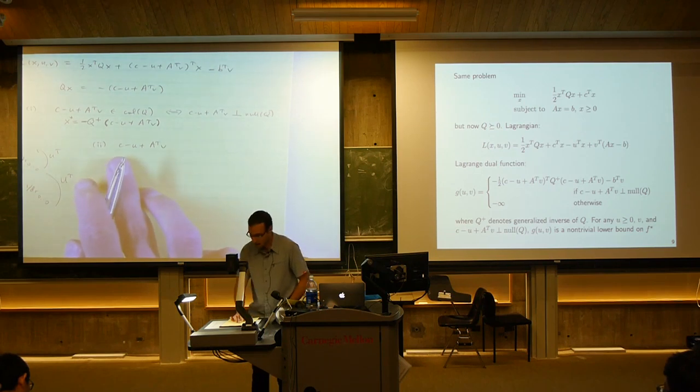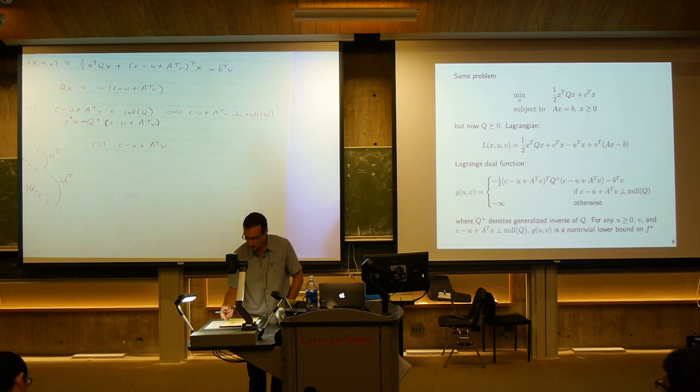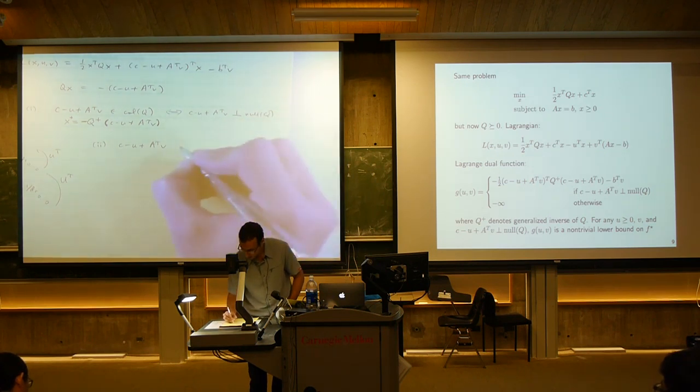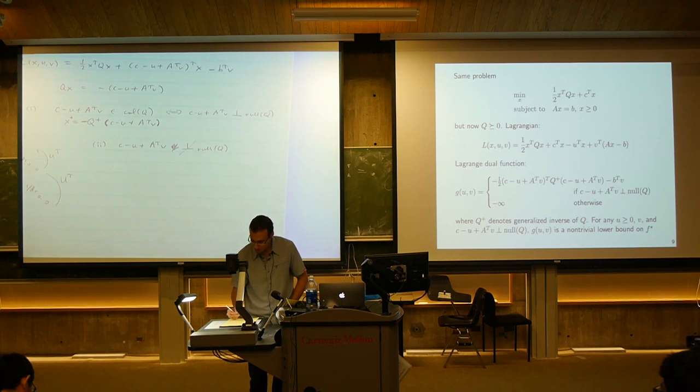And the second case is that it's not orthogonal to the null space, which means that there's some kind of piece of it that actually lies in the null space. So not orthogonal to the null space. Okay, which means I can write this.